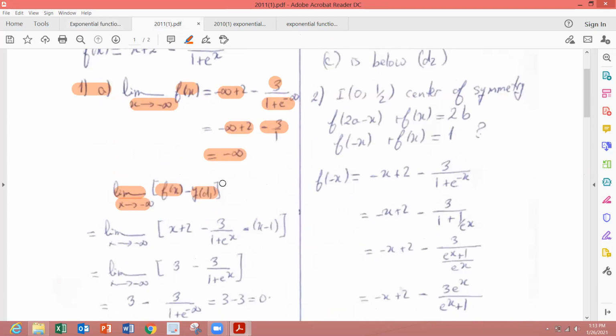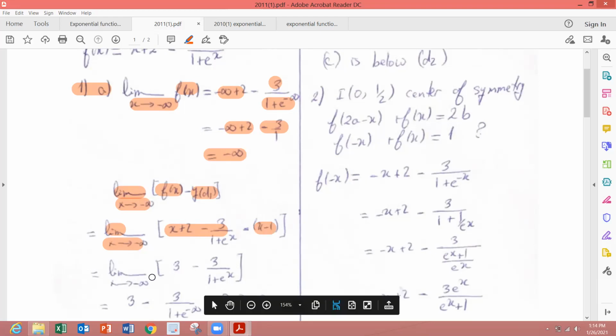The line is called D1. This is f(x) minus y_D1. x minus x is 0. 2 plus 1 is 3.